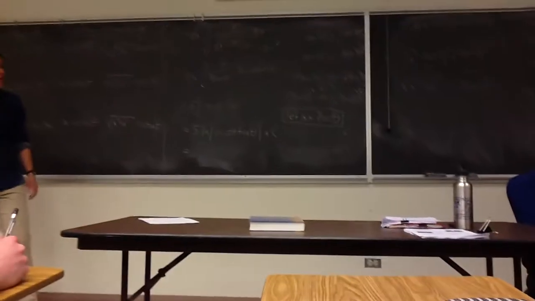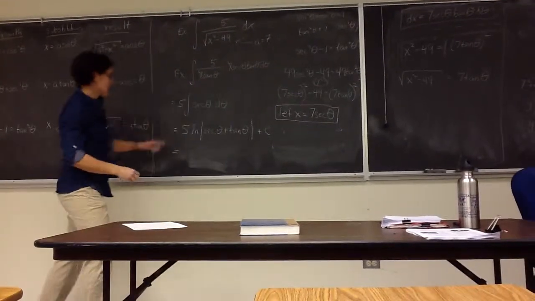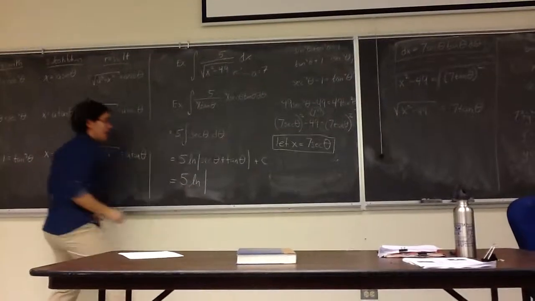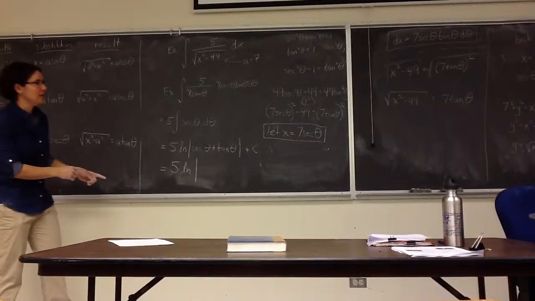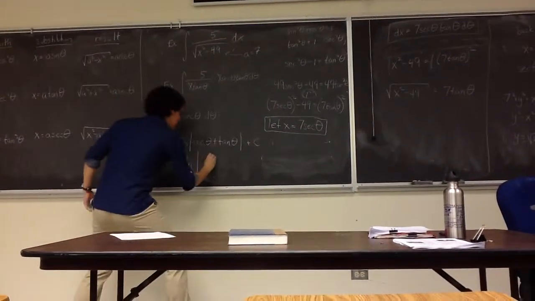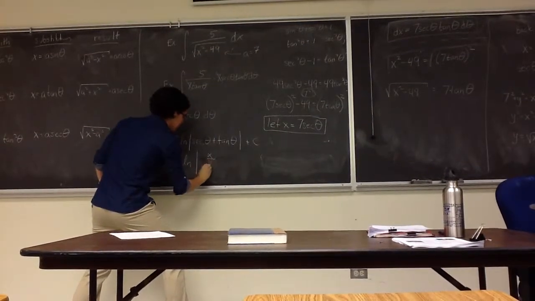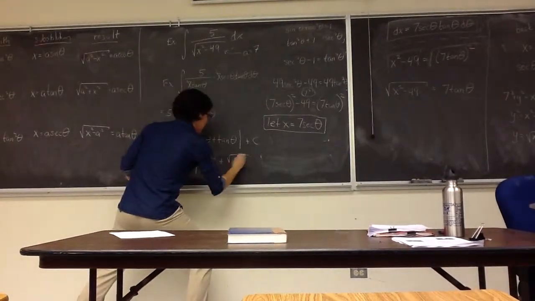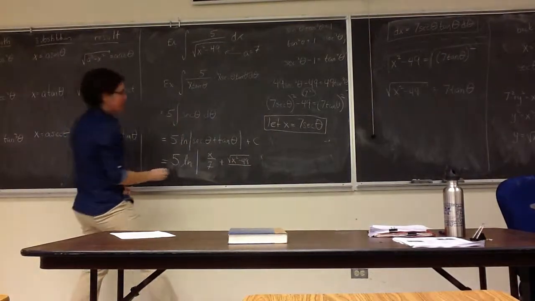All right. Once we've got that information, we can go back to our integral, and we have 5 times the natural log of secant, which is hypotenuse over adjacent, so x over 7, plus tangent, which is opposite over adjacent, square root of x squared minus 49 over 7.